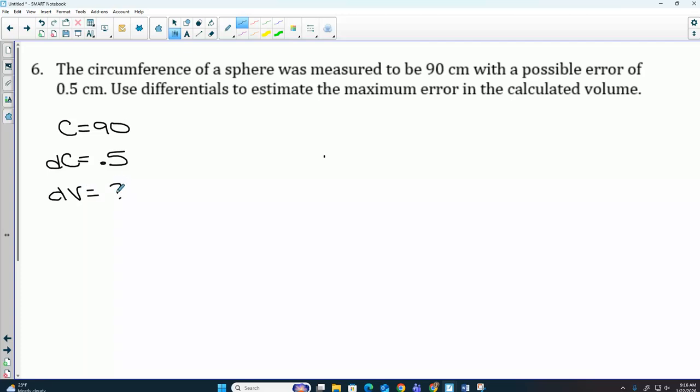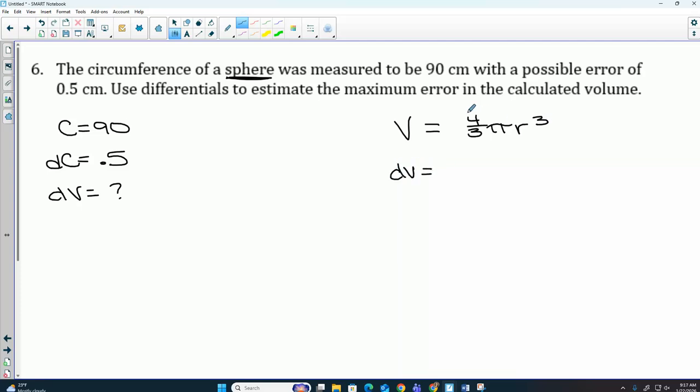All right, if I'm looking for dV, that means I need a formula with V in it. So what can we say for this one? We have a sphere, so volume of a sphere, 4/3 pi r cubed. All right, when I do this derivative, am I doing these in terms of time? No, this is the differentials. So what do we put when we do the derivative of V?